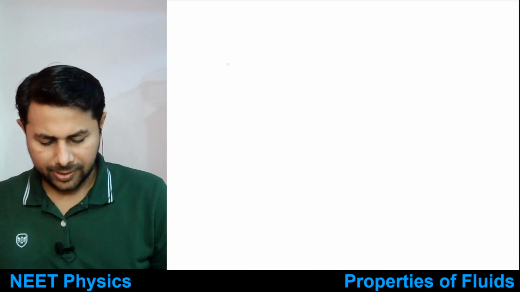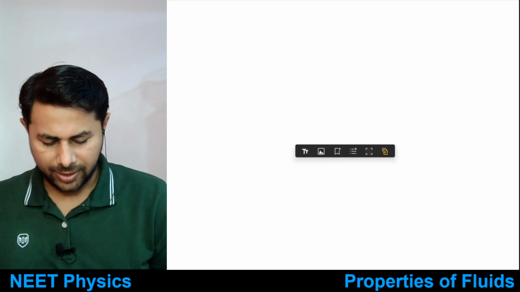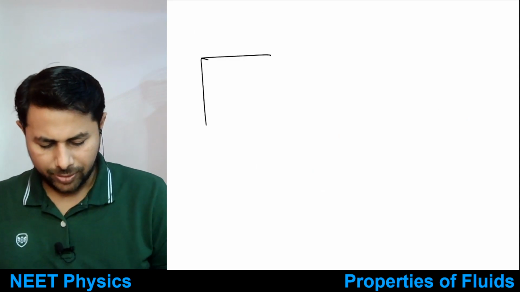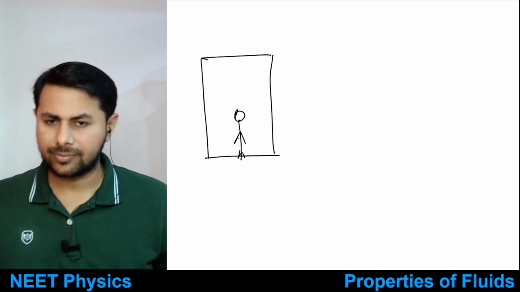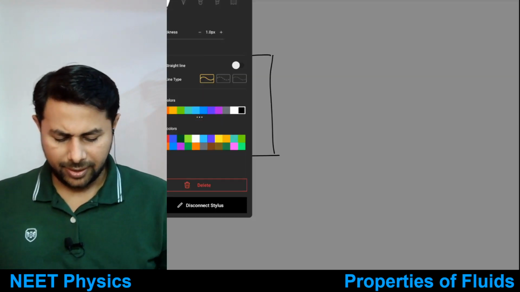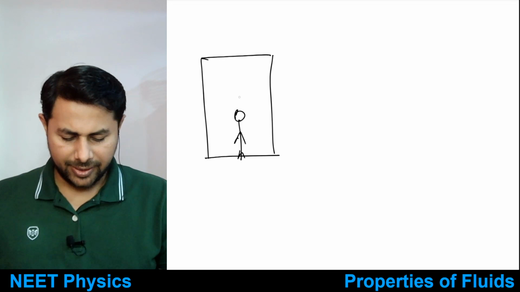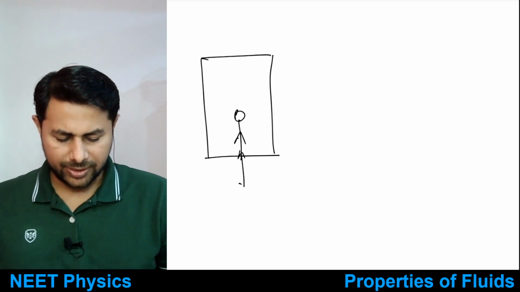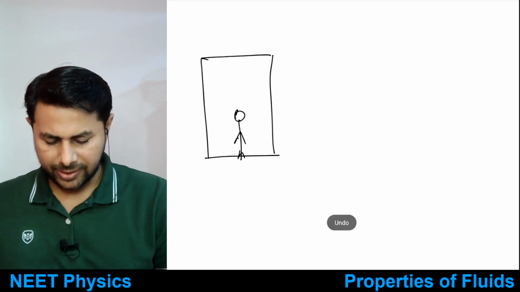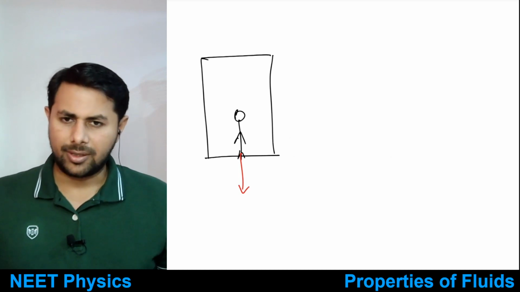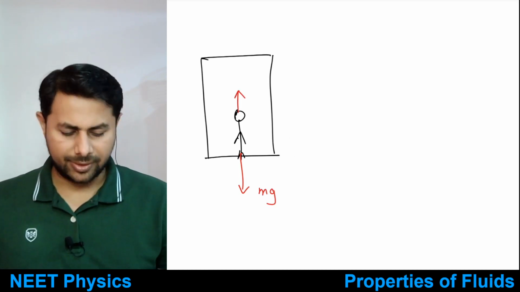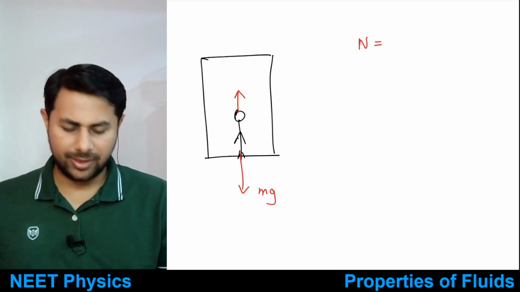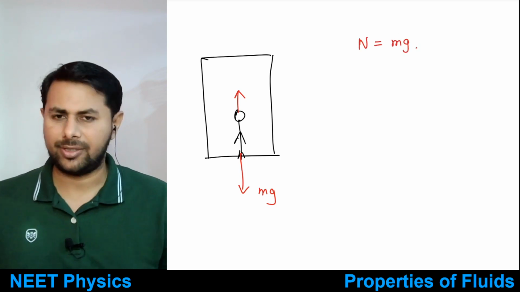For an example, take this elevator, and there is a person inside the elevator. If the lift is steady, then there are two forces acting on the person: the force due to gravity, which is mg, and the normal reaction. So what is the weight felt by the person? N is just equal to mg in this case.